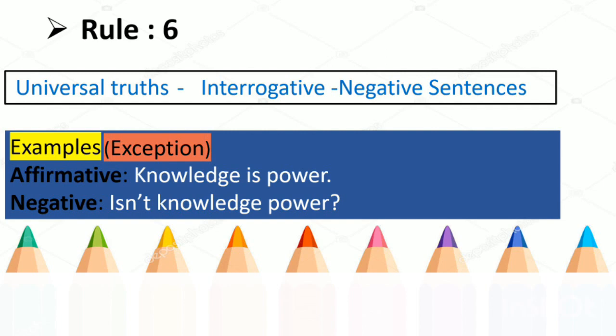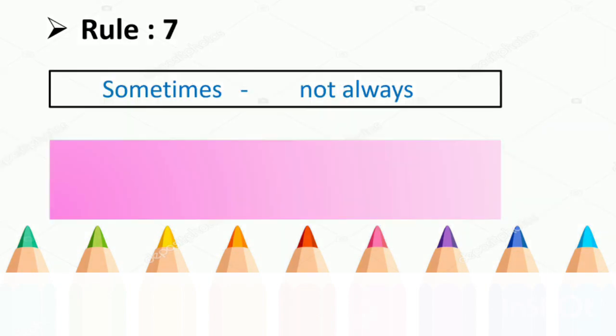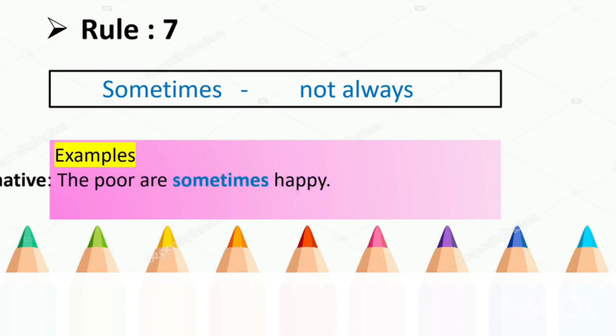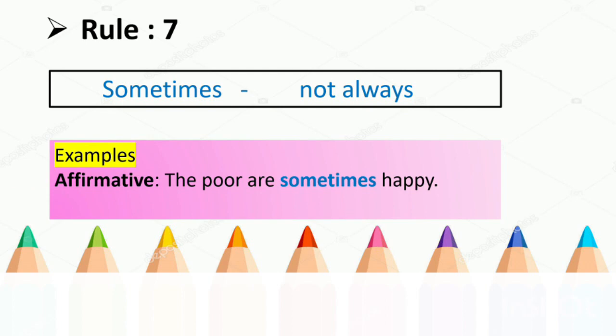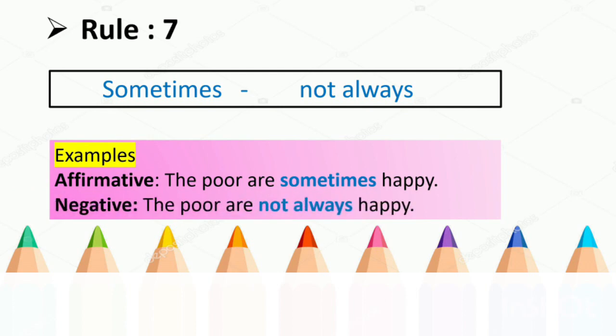Rule number 7. When we are given sometimes, we have to replace it with not always. Example, the poor are sometimes happy. Means they are not always happy. Sometimes they are happy, okay, not always. So the word sometimes should be replaced with not always.